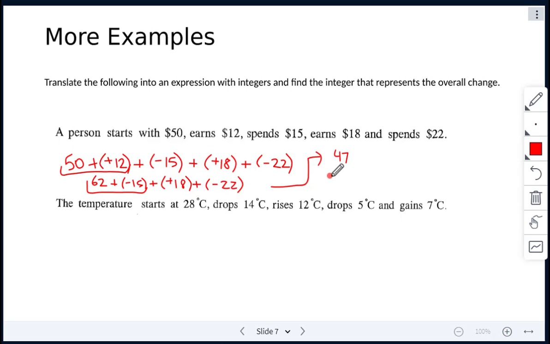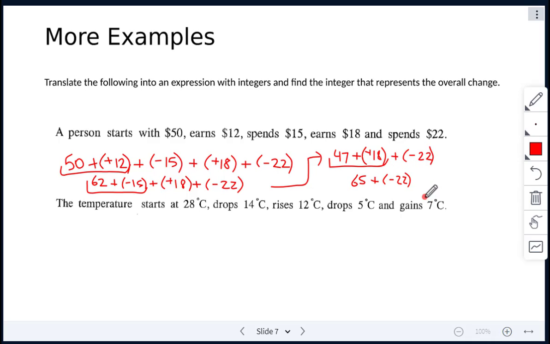All right, so we have 47 now plus the positive 18 and then plus the negative 22. So I'm going to do these two next. They're both positive, so we're just going to add 47 plus 18, which is 65, plus the negative 22.